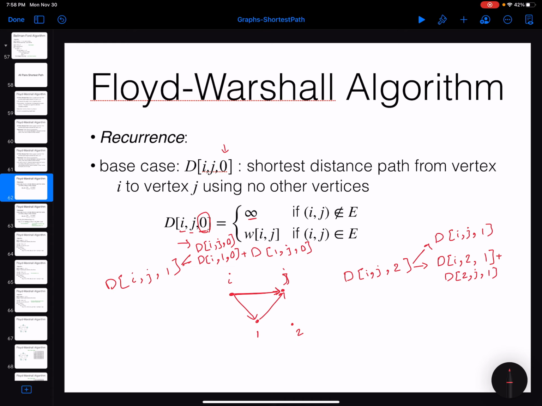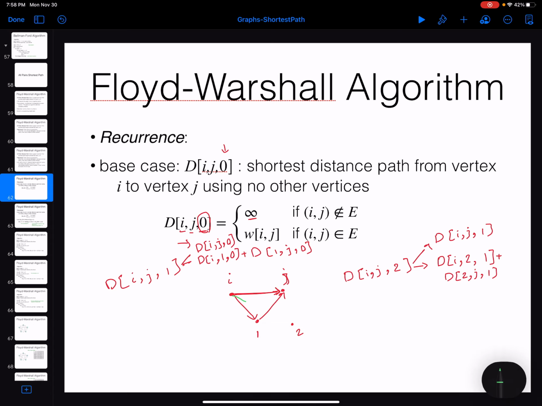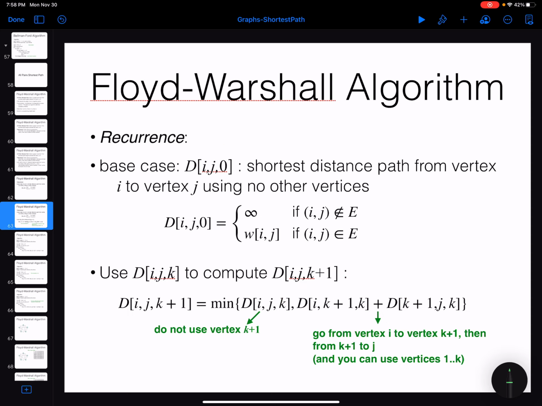So it actually gives you a lot of options here: you can go through this one and then this one, or you can go through this one and then this one, or you can go directly using this one or this one.